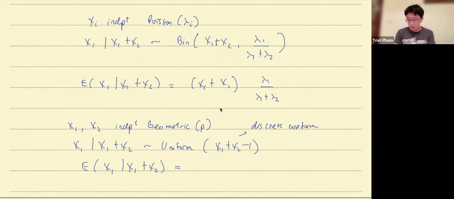I don't have the discrete uniform memorized, but basically it takes on every value from 1 to this number equally likely. So you can sum i from 1 to x1 plus x2 minus 1, you sum all these numbers and you divide by the probability.